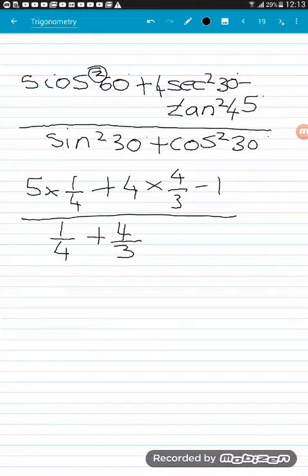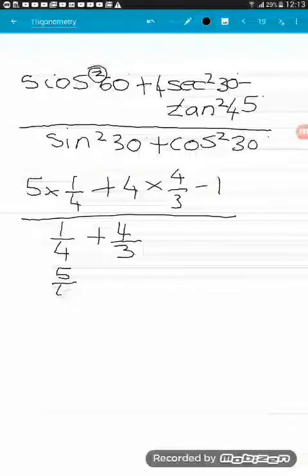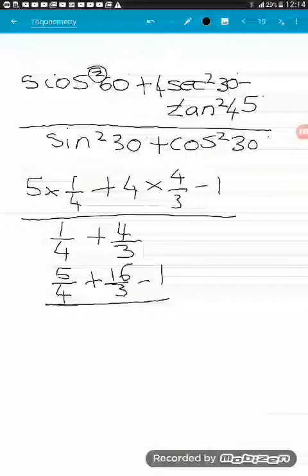And now we will write it again. 5 by 4 plus 16 by 3 minus 1, by 1 by 4 plus 3 by 4 is 12.